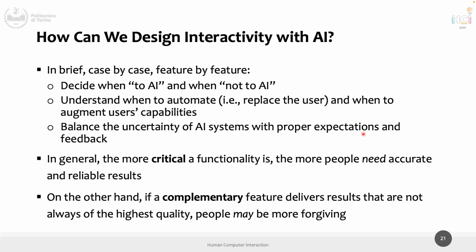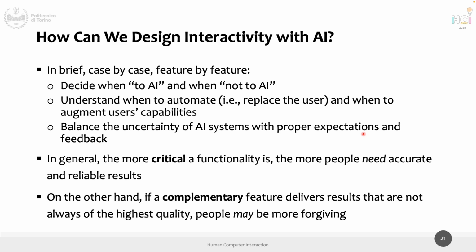But if it's a core functionality, it cannot just work randomly, because that will drive people to say, okay, this is useless. This is not reliable. I'm not going to use it anymore. So critical functionality with AI needs accurate and reliable results.